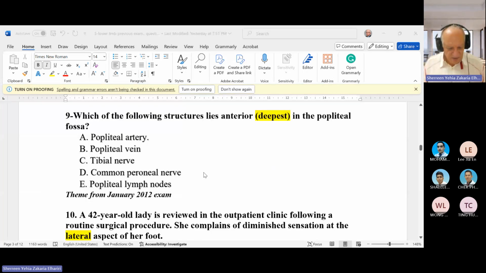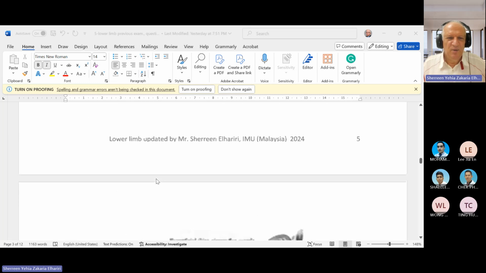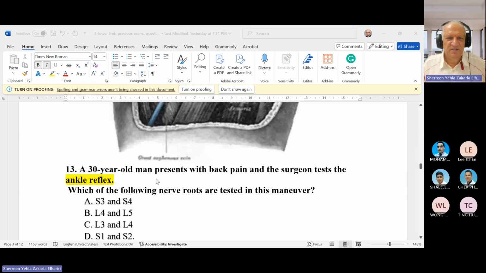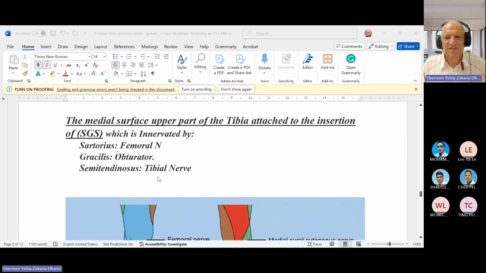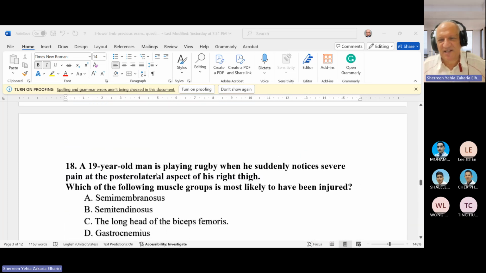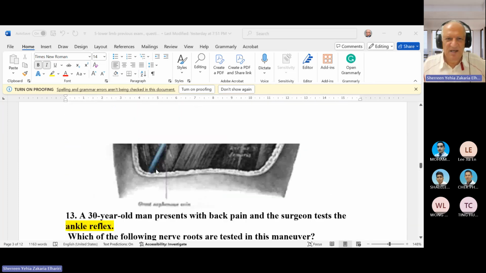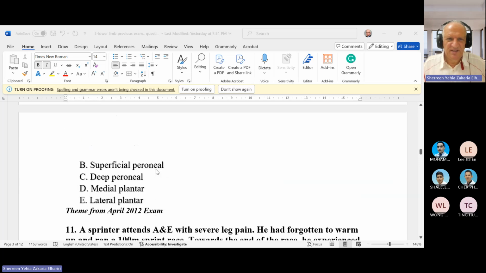Okay, next question. Which of the following structures lies anterior, deepest, in the popliteal fossa? From the picture earlier, it would be the popliteal artery. Usually the exam asks you what is the anterior structure, and the anterior structure is the popliteal artery, not the tibial nerve.